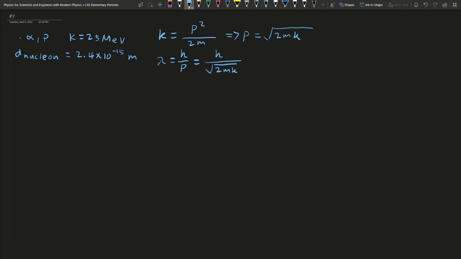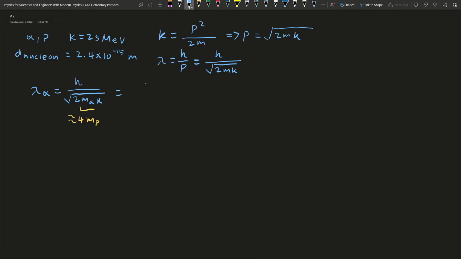Now we solve for the alpha particle first. So the wavelength of the alpha particle is equal to h over the square root of 2 m alpha K. Now m alpha is approximately 4 times the mass of a proton.